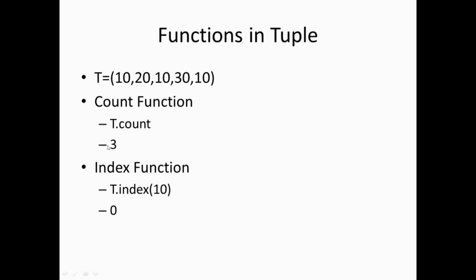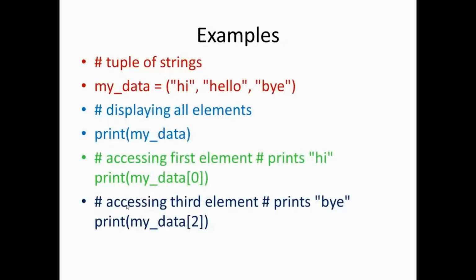Consider a function called index. We can find the index of 10; the index of 10 is 0, which means it exists in the 0th position. Some more examples. You can have a tuple of strings.